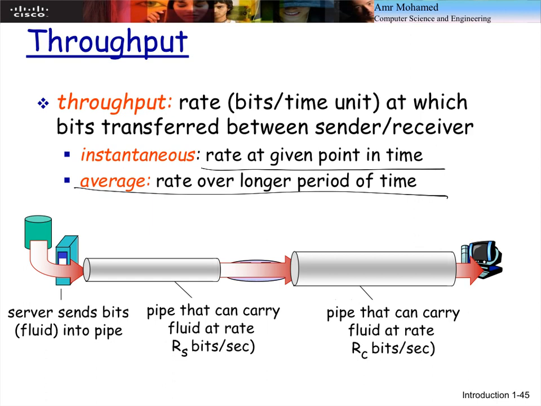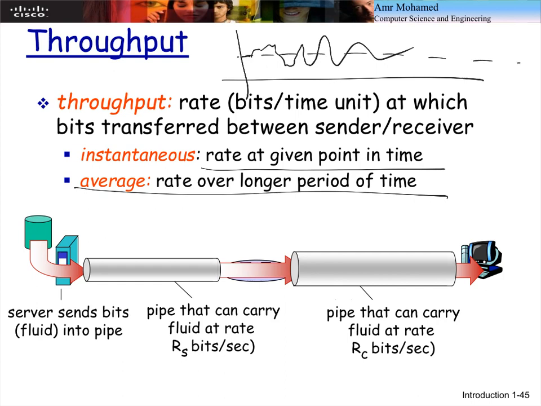So, for example, instantaneously, the rate in 1 second looks like this, and then it goes up, and then it goes down, and then it goes up, and then it goes down, and so on. So the average throughput talks about the average value amongst this. And the way that we calculate this using MATLAB or something is that we consider the entire simulation time as the window of time, and we calculate the amount of bits that we receive during this entire simulation time, and this would be the average throughput.